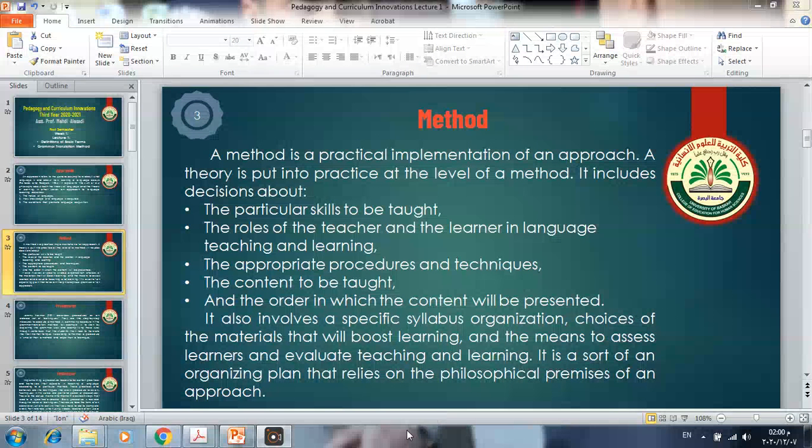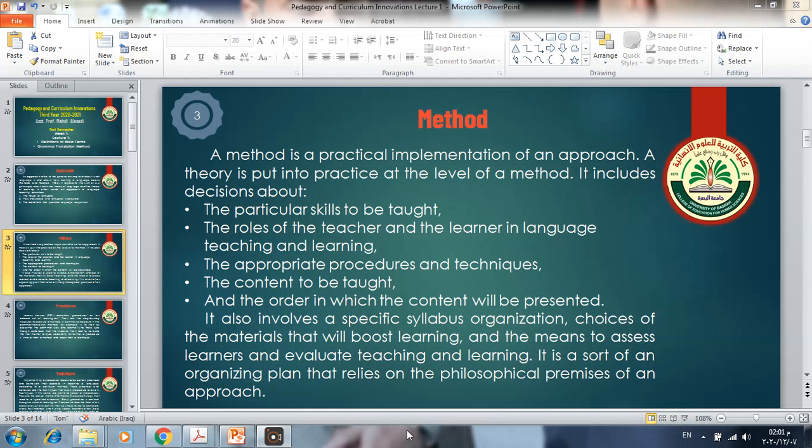Of course, it is very important to put the content that we are going to teach for the students in order. Now, what is the order of the content of the course that we are going to teach? Are we going to start from the easy to the most difficult, or are we going to start from the most important to the less important, or vice versa?